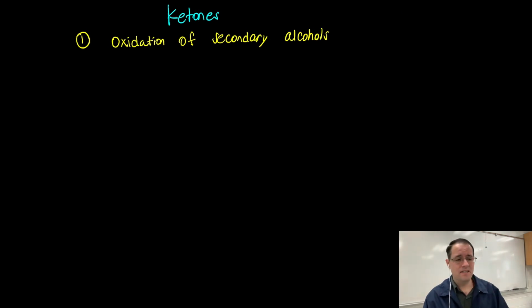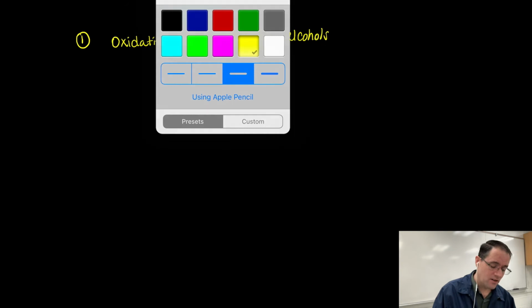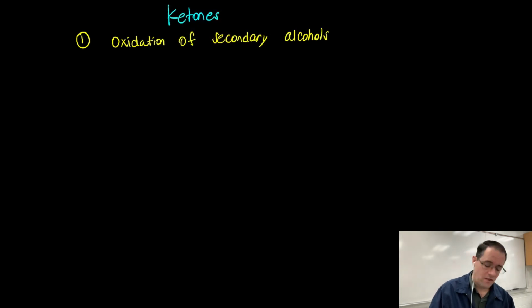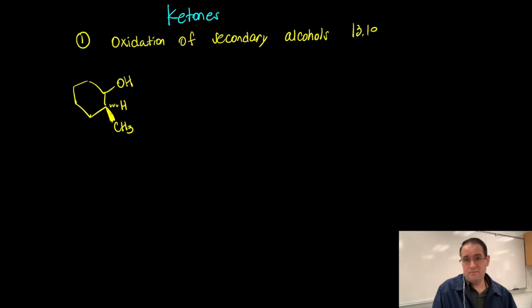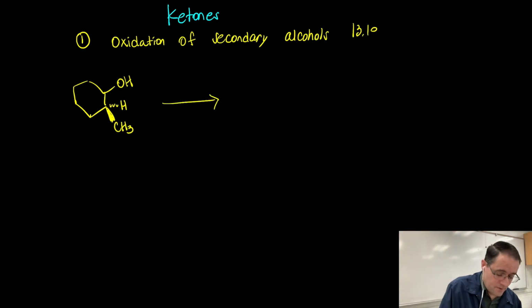Now let's talk about ketones. There are 4 different ways to make ketones that we've learned about so far in the course, okay? The first one is to oxidize secondary alcohols, and this comes from section 13.10. Okay? If you have a secondary alcohol, like so, really doesn't matter what else is on there, okay?